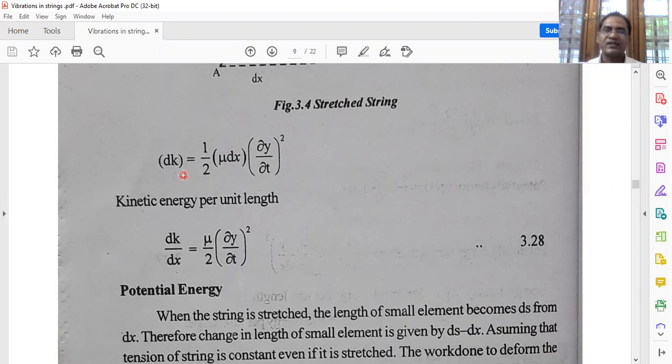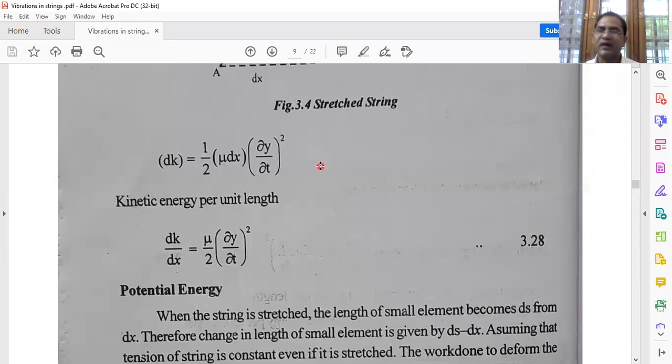Now the kinetic energy is half mv square, half mu dx into velocity, dou y by dou t. The displacement equation, the wave equation, is y equal to a sine of omega t minus kx.